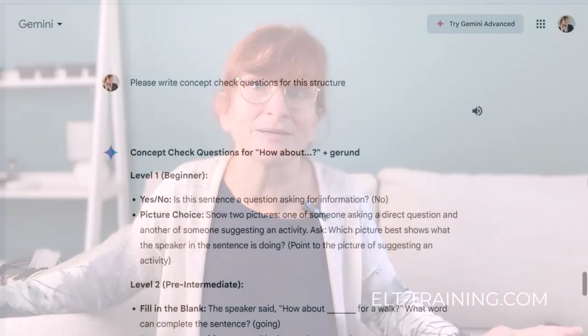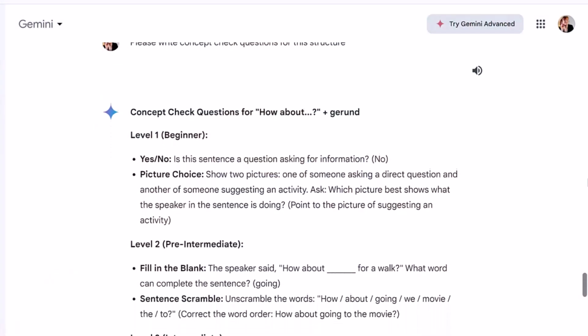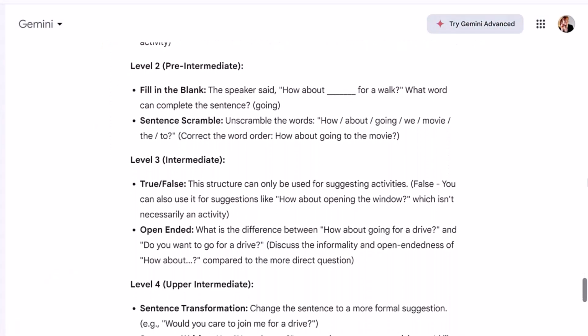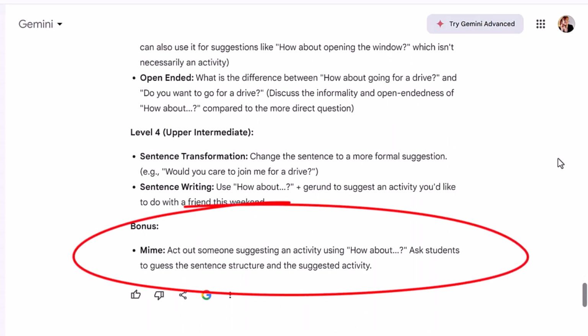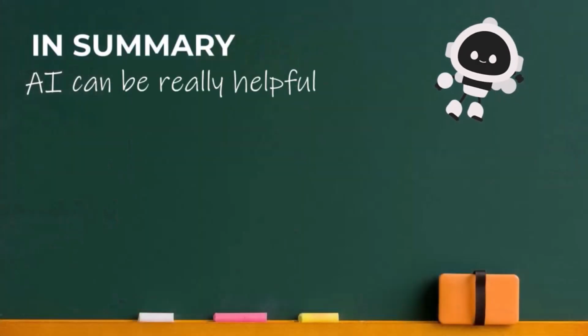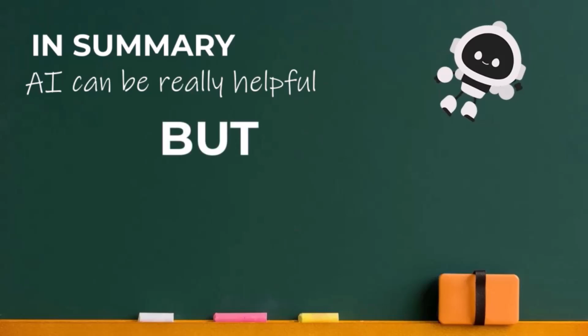Note that whatever you ask as concept check questions, Gemini seems to automatically throw this up as a bonus, and it's usually ridiculous. The overall message here is that AI can give you really useful information about analysing language, but you're going to have to be a bit careful about what you choose to use.